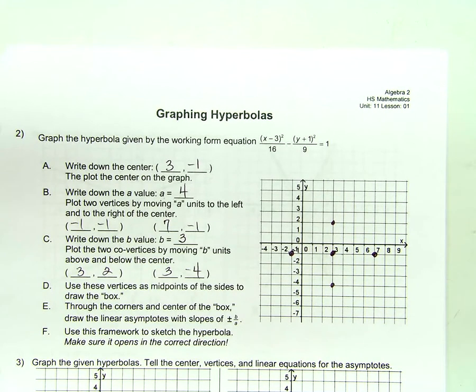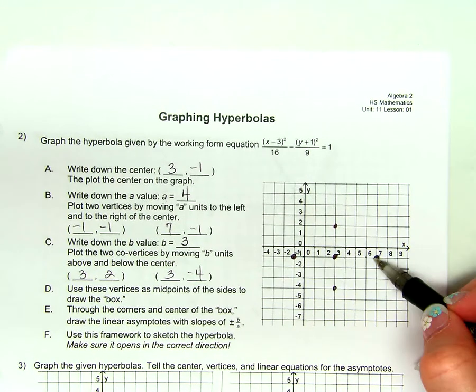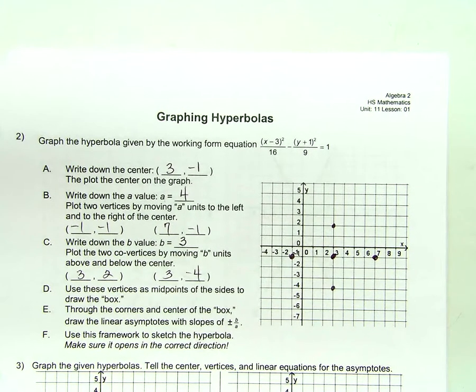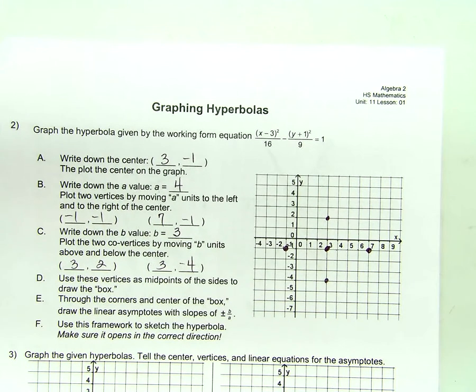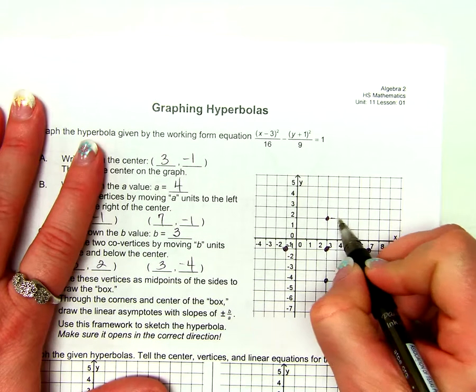Use these vertices as midpoints of the sides to draw a box. What's the most common thing that people do wrong here? They connect dots. Don't do that. Okay? That is not what's happening here. These are midpoints of the sides.